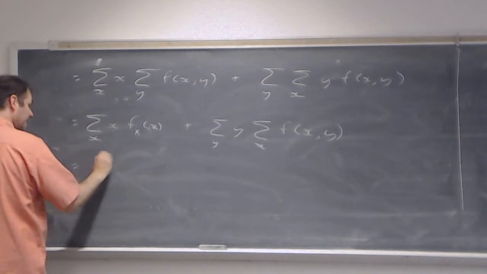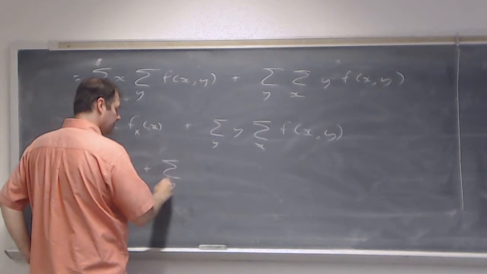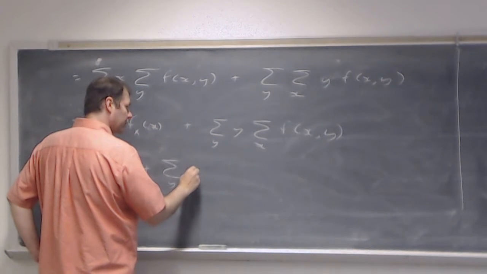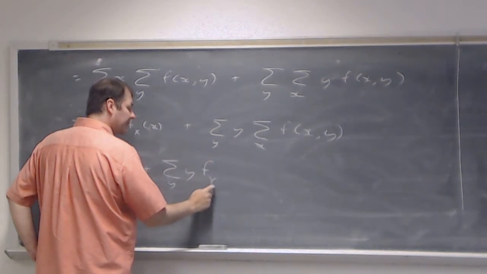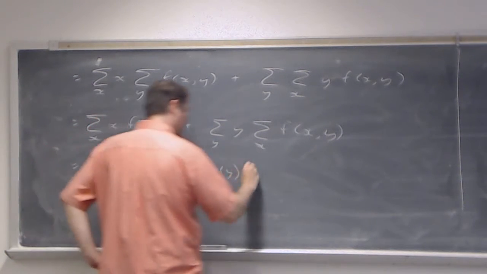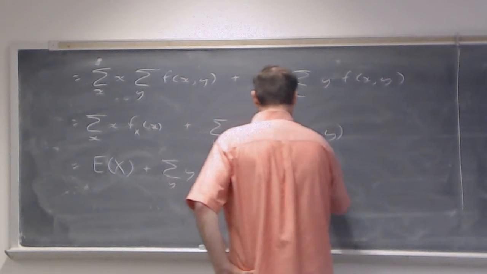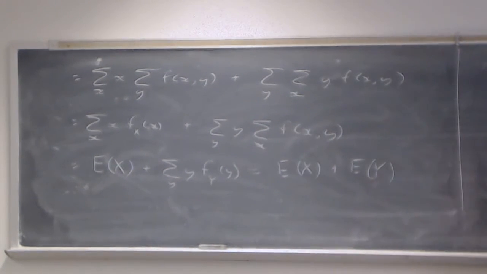This is equal to the expected value of x, that's exactly its definition, plus the sum over y's of y times the PMF of y, and so that's the expected value of x plus the expected value of y.